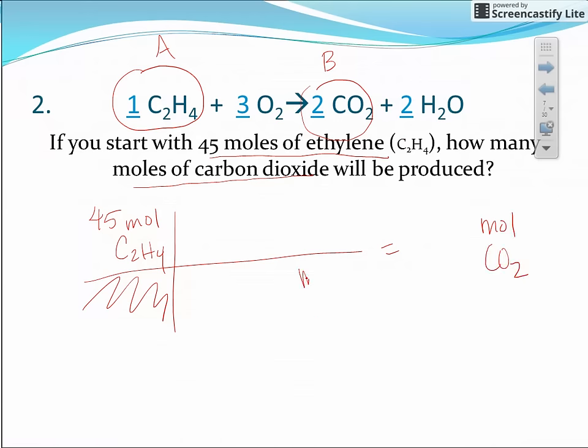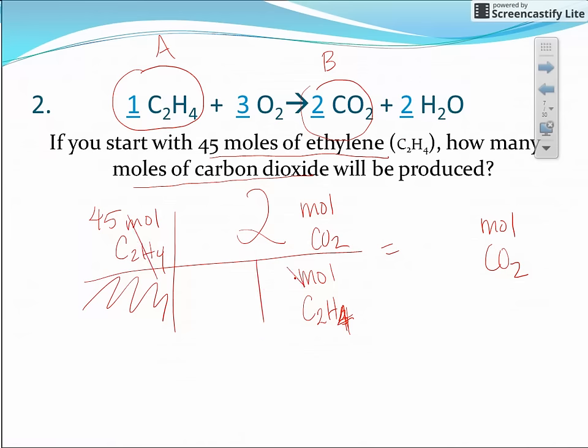So we want to get moles of C2H4 to cancel. So moles of C2H4 go on bottom. And we need moles of CO2 on top. Now, the mole ratio numbers come straight from the balanced equation. Notice here, moles of CO2 has a 2 beside it. So we pull a 2 from the mole ratio. Moles of C2H4 has a 1.